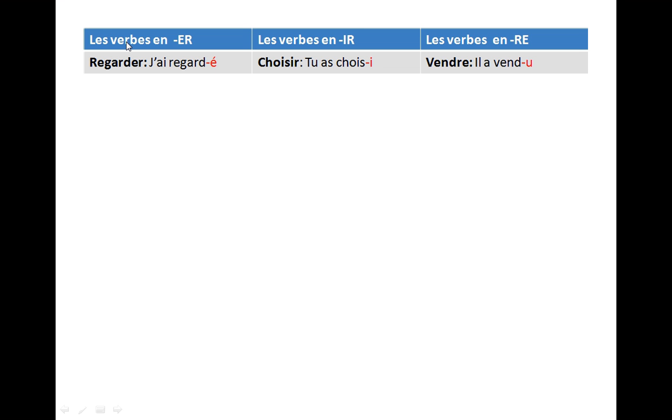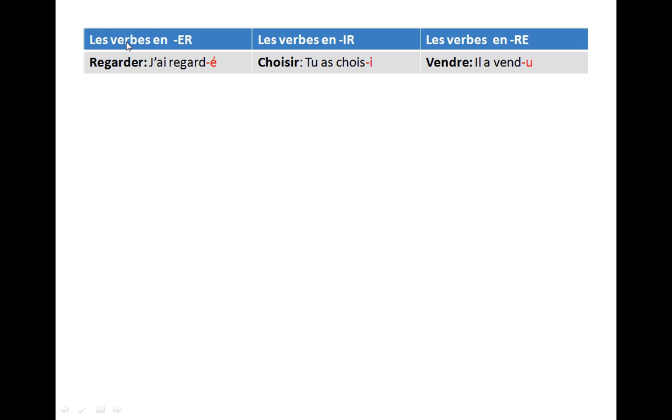The participe passé of the passé composé, or the past, is formed with the verb in er just by dropping the er and adding an accented é to the infinitive of the verb. Choisir, same thing. Tu as choisi. Vendre, il a vendu. These are for the ones that end in re.